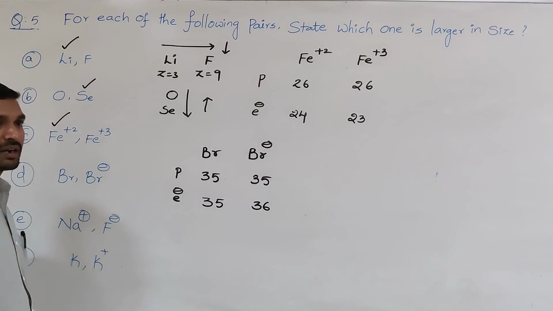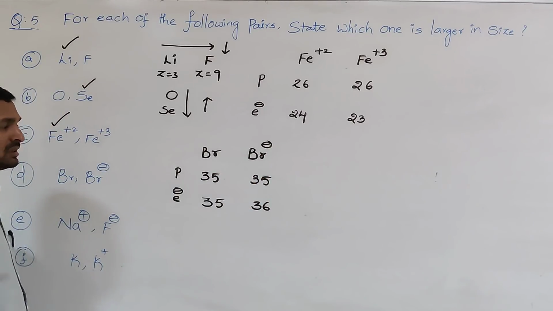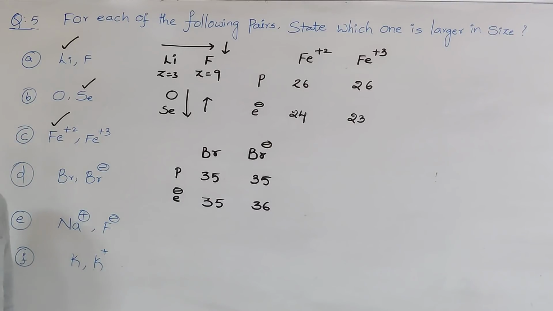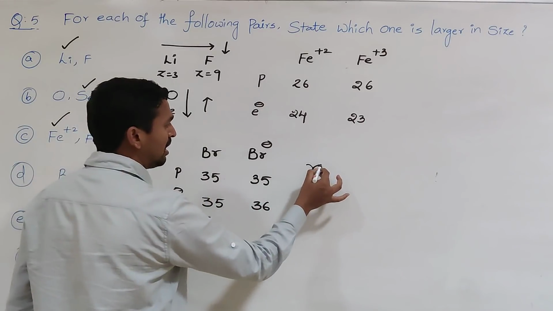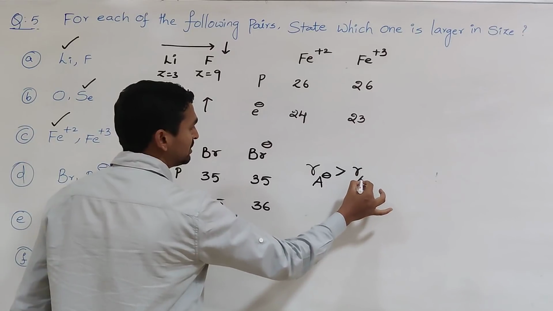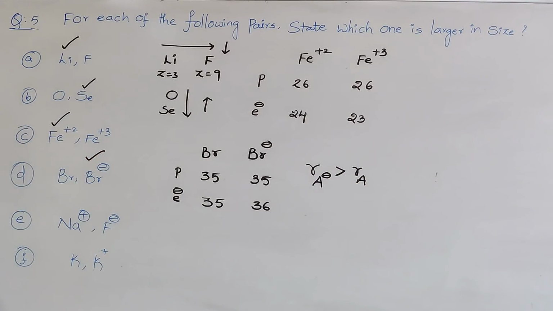As the number of electrons increases, even though both have the same protons, the effective nuclear charge per electron decreases, so the radii is larger. That's why we can give one statement in ionic radii: the radius of an anion, A minus, is always greater than its parent atom. That's why the bromide ion is larger in size.